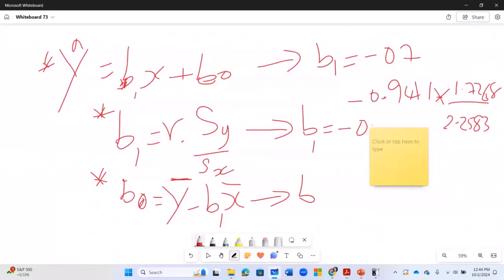So B0 is equal to 4.1833. I have to subtract the B1 that I calculated.